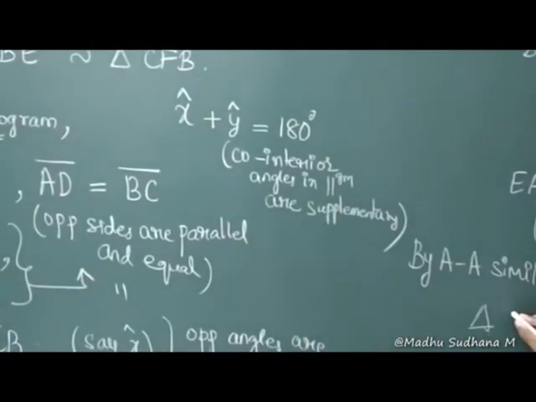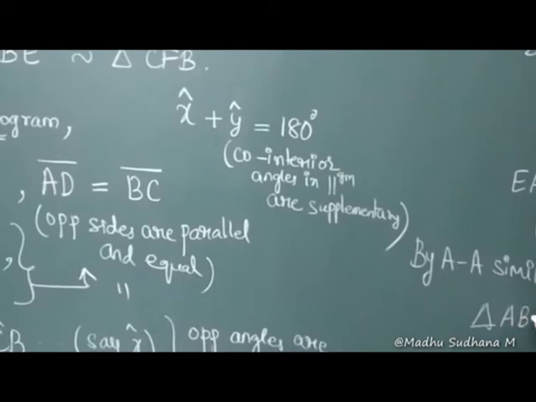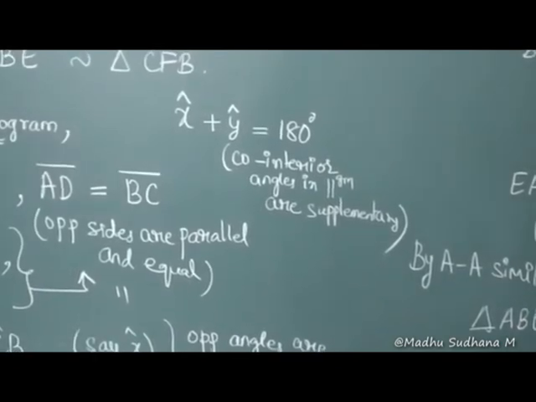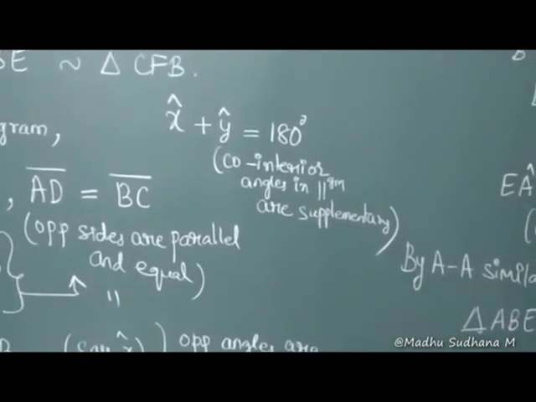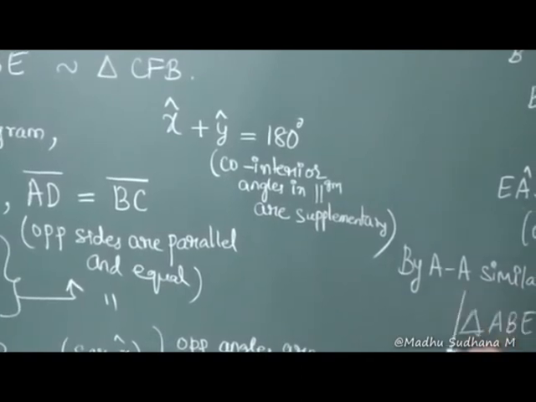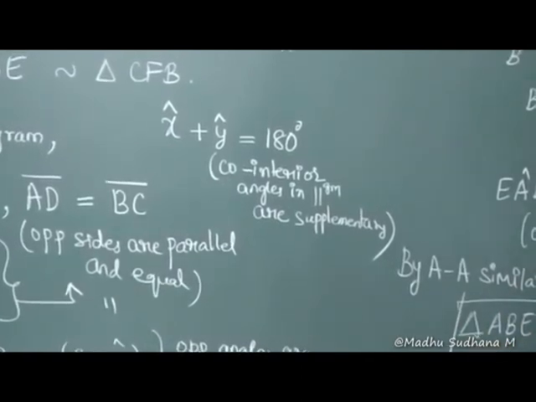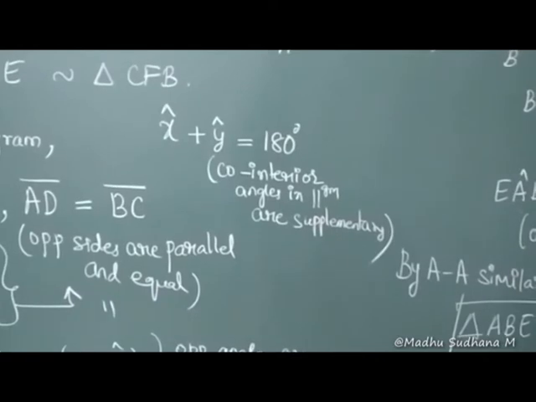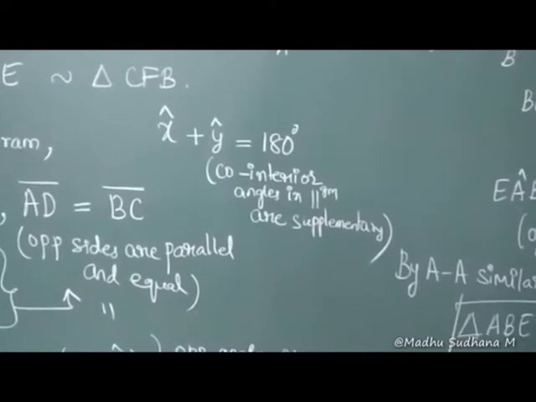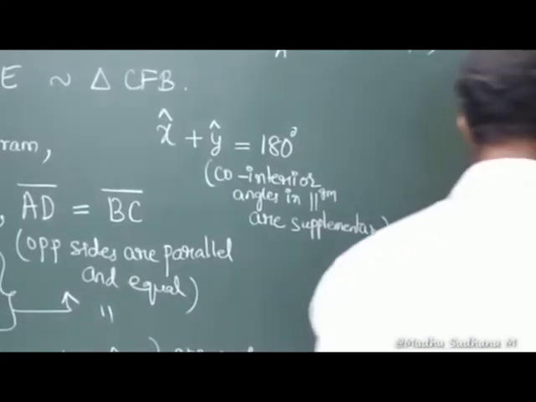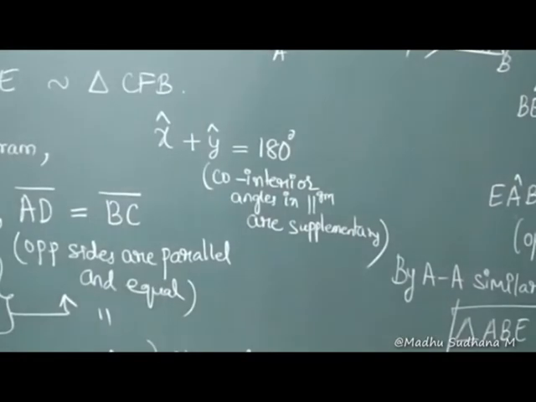So triangle ABE is similar to triangle CFB. So let us suppose ABE and triangle CBF are similar. So this is the proof of this question.